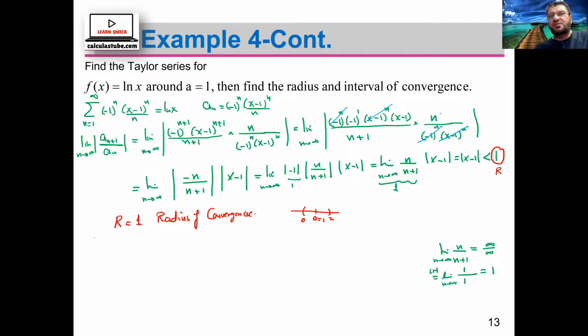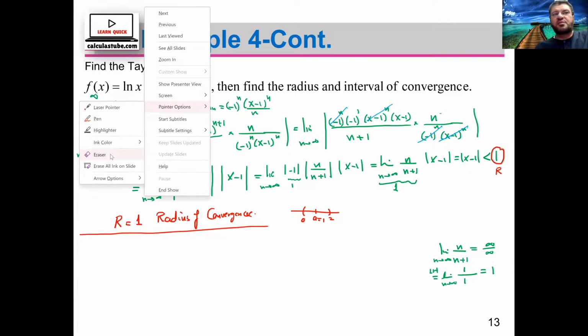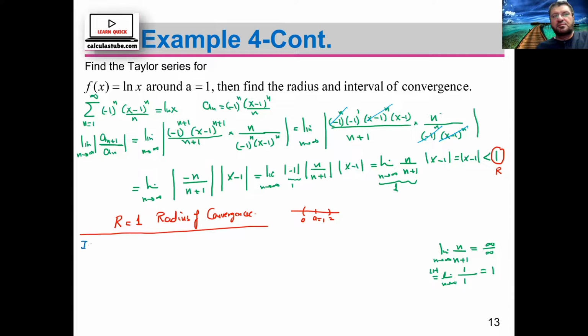To find the interval of convergence, now we're done with the radius of convergence. Now let's talk about the interval of convergence. I'm going to go to the blue. To find it, we go back to our final result of the radius of convergence.